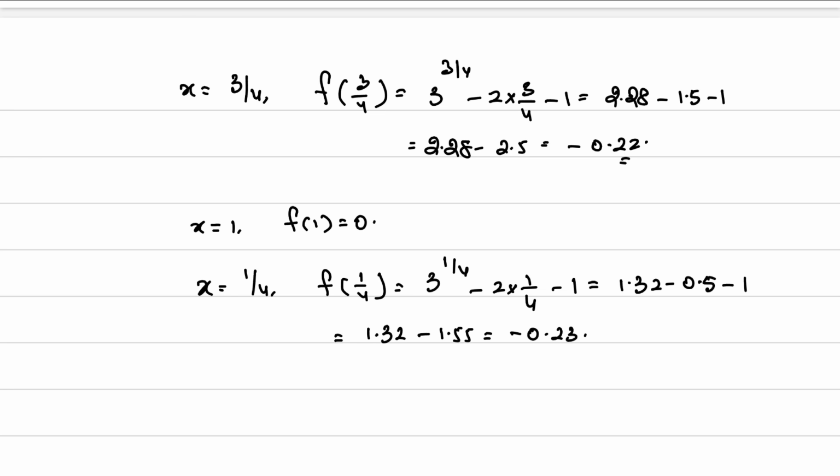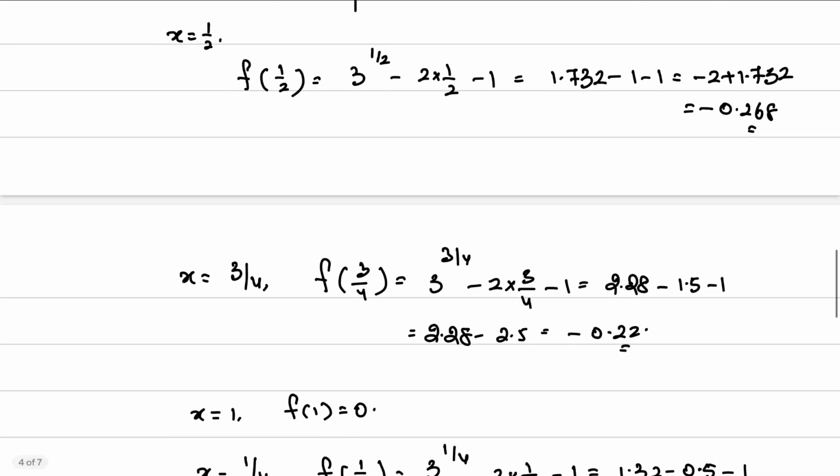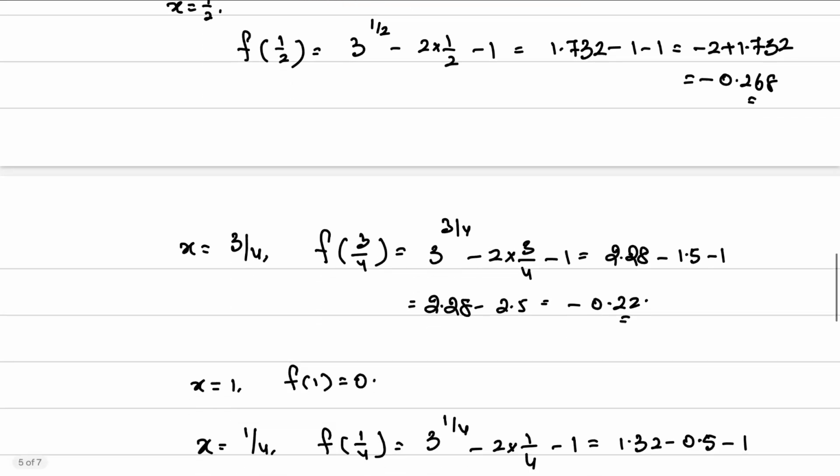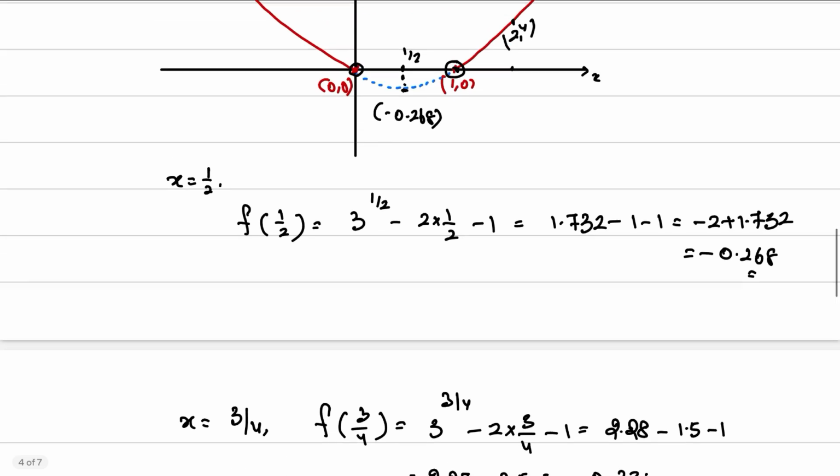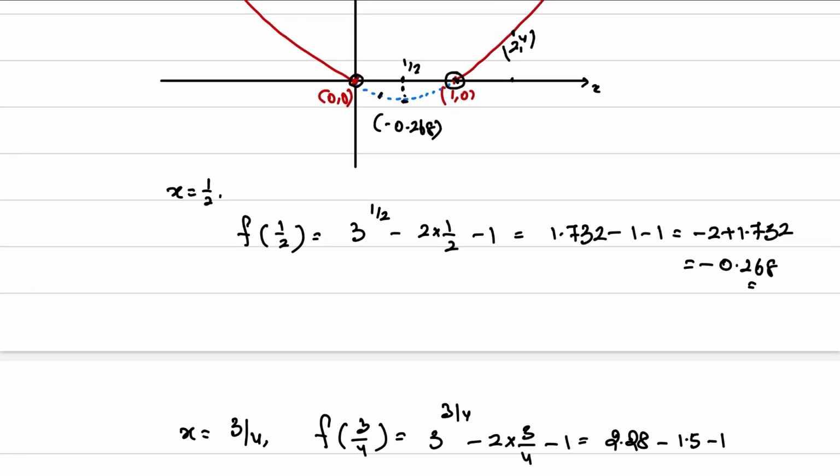Sorry, it is not 1.55, it is 1.50 minus 0.18. That means the value of function x is increasing from minus 0.268 to minus 0.018. Here also it is increasing.